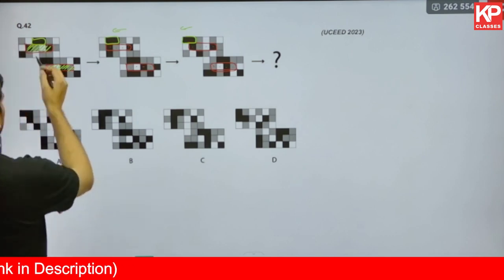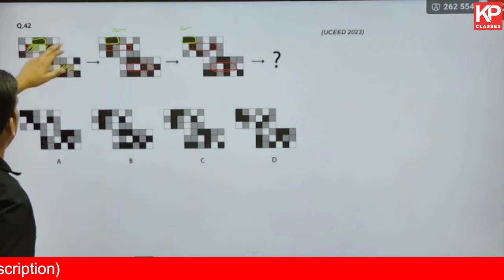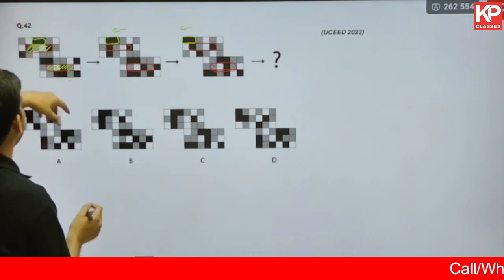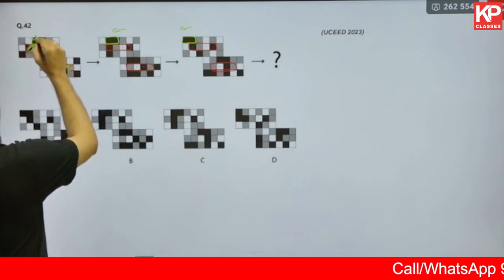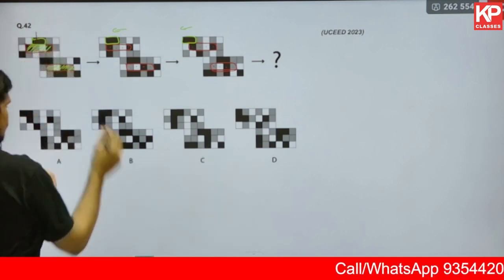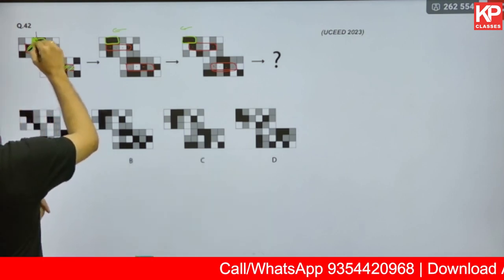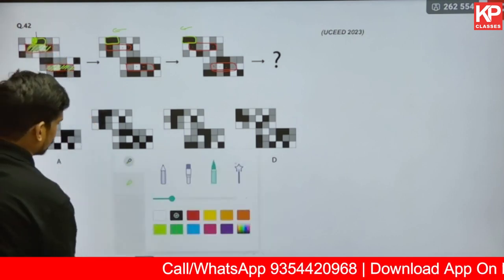So if you look into the complete set of squares, let me just write down the sequence of squares starting from these 2 black. Let us say I consider this as the starting point. Let me write down the sequence.